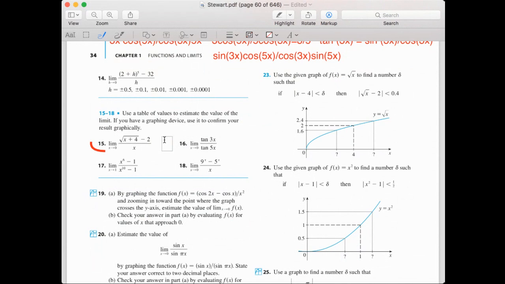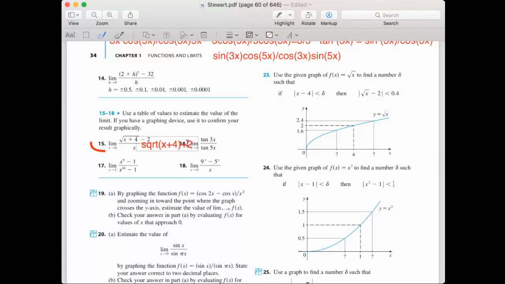So we want to multiply the square root of x plus 4, then minus 2, right? But we want to multiply by its conjugate. Remember, a squared minus b squared equals a plus b times a minus b. We want to use that property. So we want to multiply by plus 2.